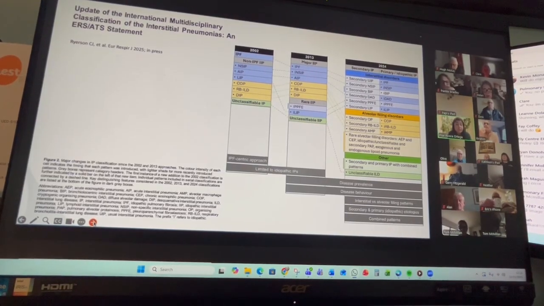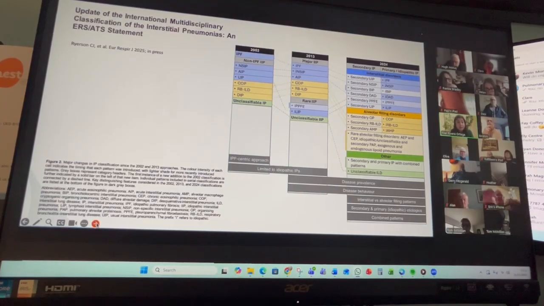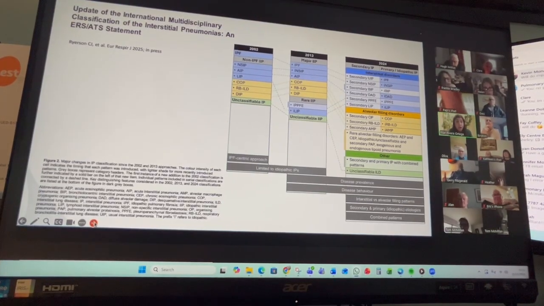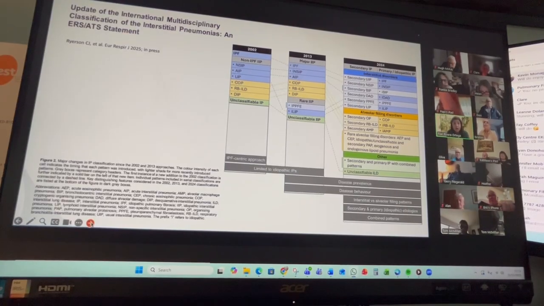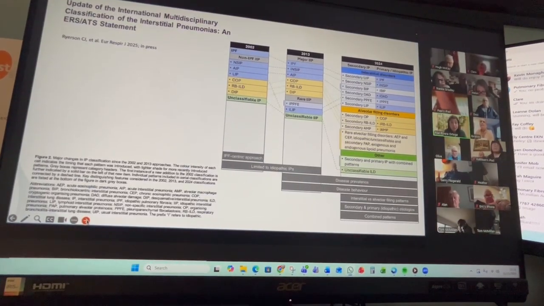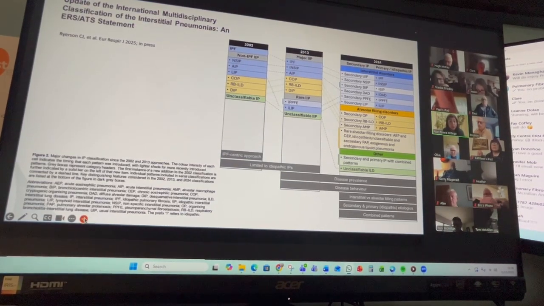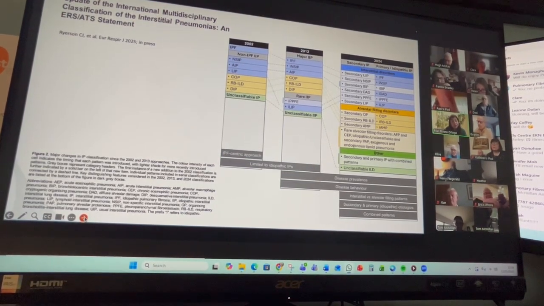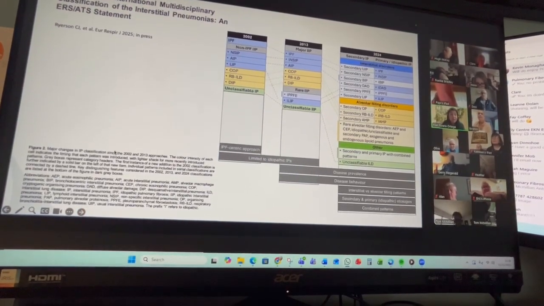So if suddenly you see new terminology about how we describe your CT scans, or your lung biopsies, or how we document the consensus of the multidisciplinary team, don't worry, that is just because we need to be aligned with what is now published globally. I think it's a statement.